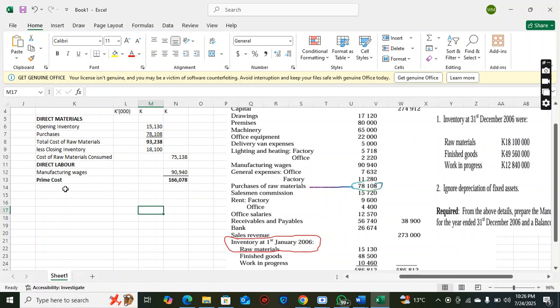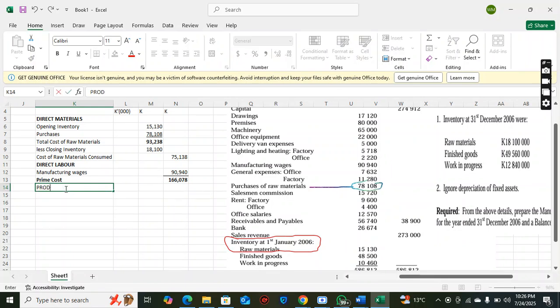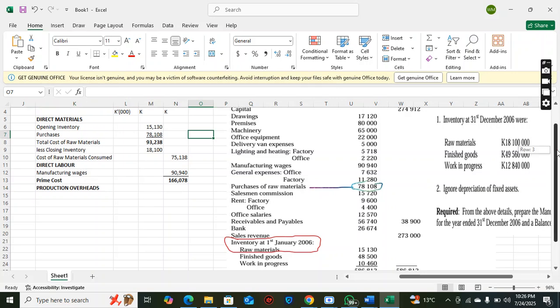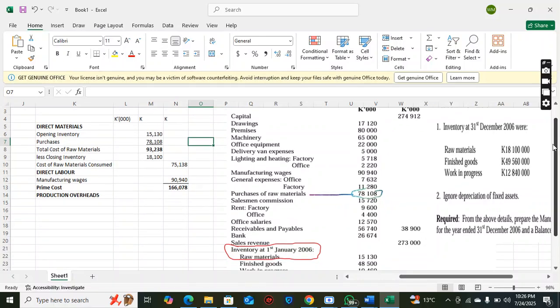What comes in next? We call them production overheads, manufacturing overheads, factory overheads, whichever. Let's see where these overheads are.